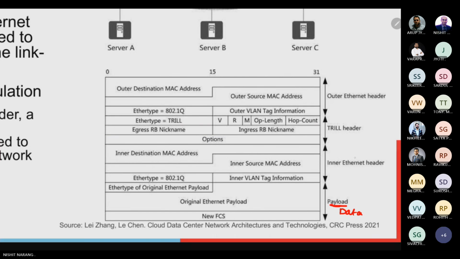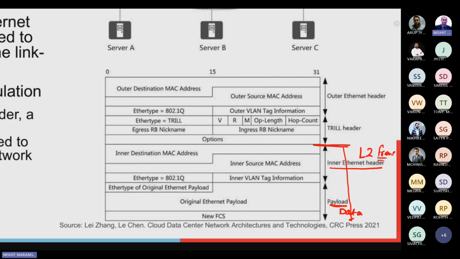On top of it, what you had was an Ethernet frame. Earlier you were transmitting an L2 frame. This was your L2 frame. So earlier I was just sending this layer 2 frame directly on a layer 2 network, which was the access aggregation part of the network. This was my original L2 frame.